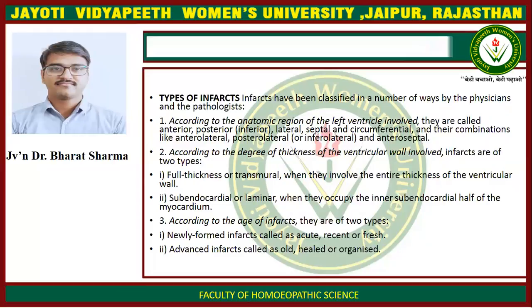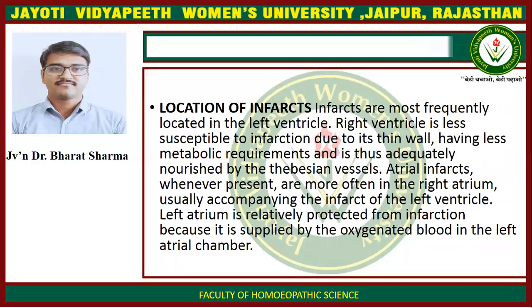Infarcts are of two types: full thickness or transmural, when they involve the entire thickness of the ventricular wall, or subendocardial or laminar, when they occupy the inner subendocardial half of the myocardium. Third is according to the age of infarcts. There are two types: newly formed infarct called acute, recent or fresh, and advanced infarct called old, healed or organized.